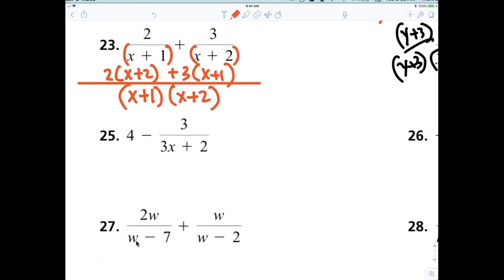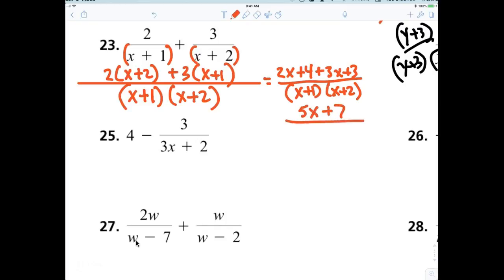Now, when you're multiplying the numerator, you end up with 2x plus 4 plus 3x plus 3 all over x plus 1 times x plus 2. So all we have is 5x plus 7 over x plus 1 times x plus 2.